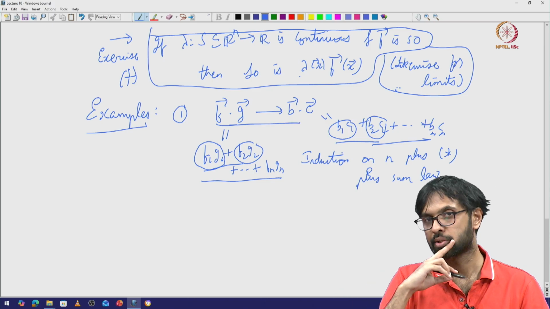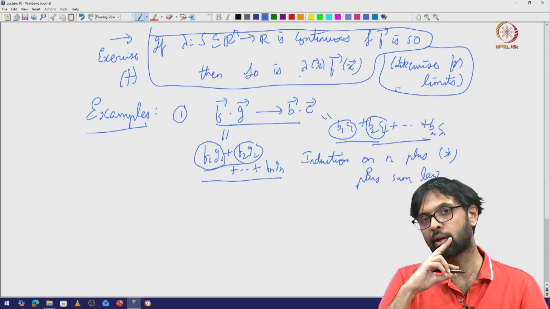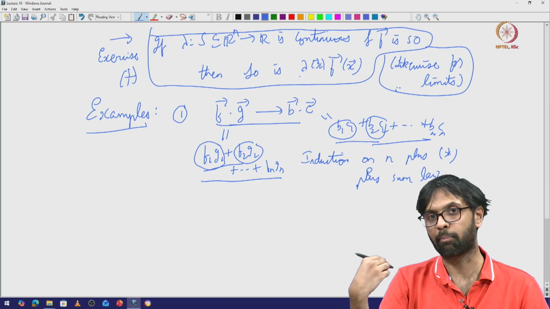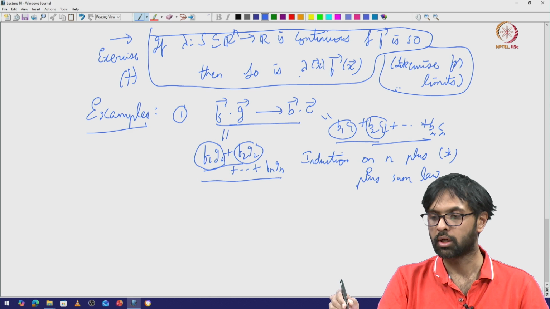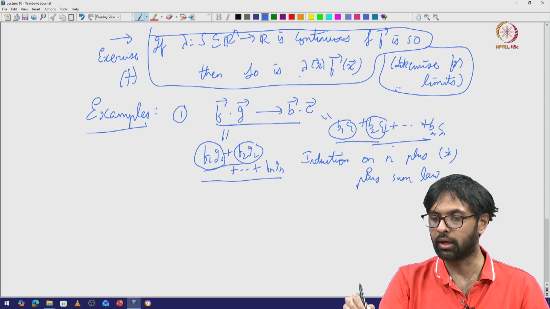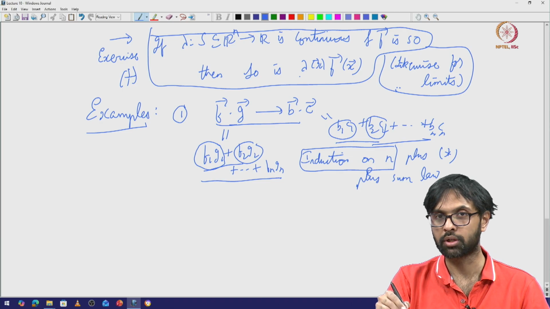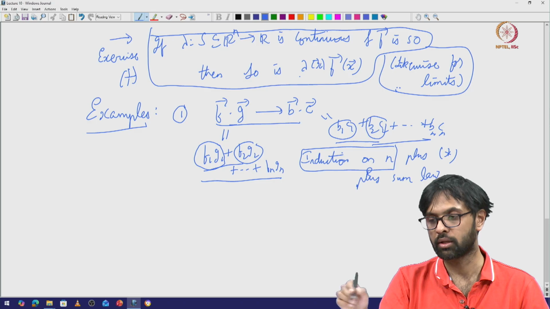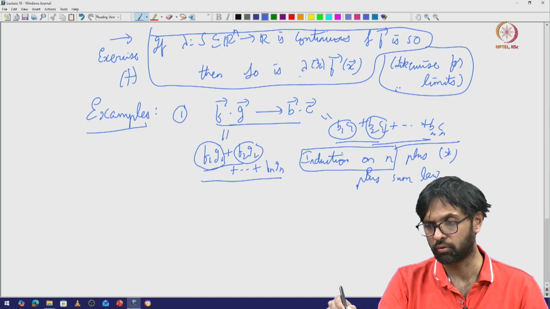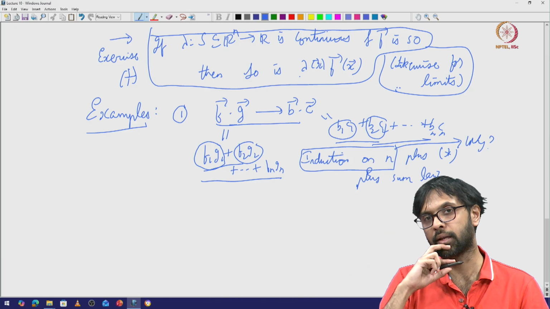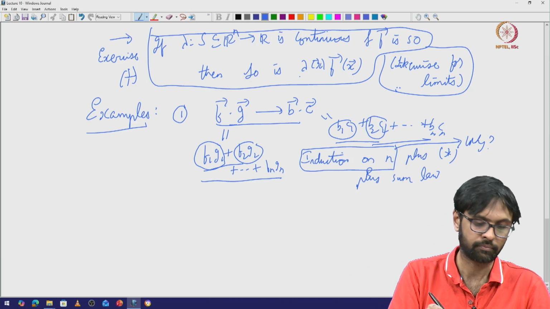So while we proved this separately, we could have done it by an application of these laws. Why do we need to induct on n? Because we proved the sum law for a sum of two functions, but you have n functions here. So this also requires a small proof. Again, I'm leaving this as a very little exercise.